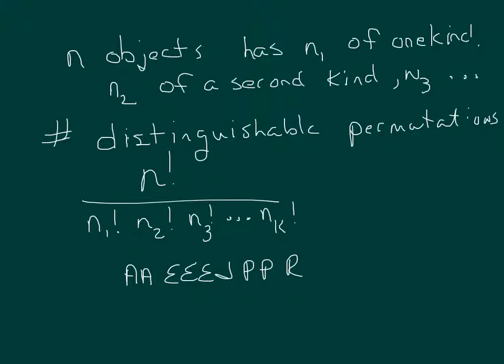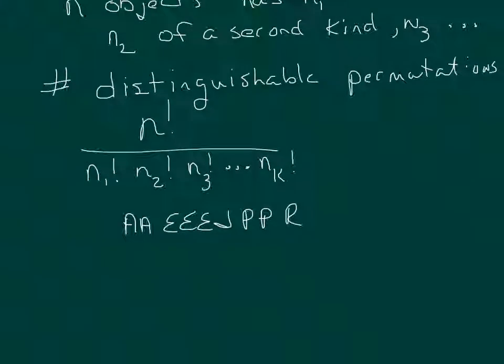Okay, so it's going to be 9 factorial. How many A's do I have? 2. How many E's? 3. How many J's? Do I need to put that? It's just times 1. How many P's? 2. And how many R's?